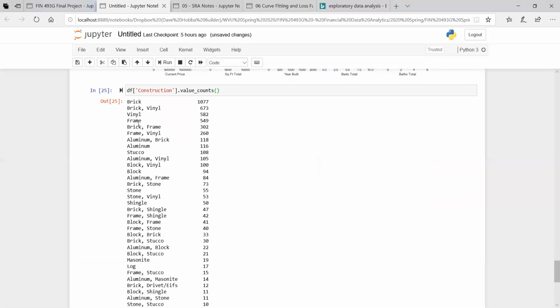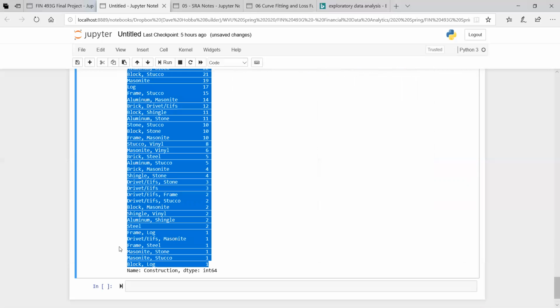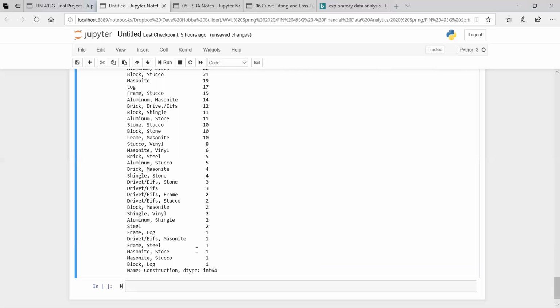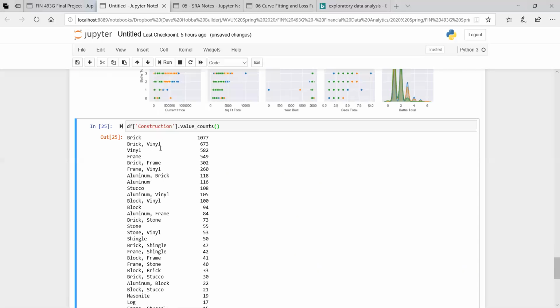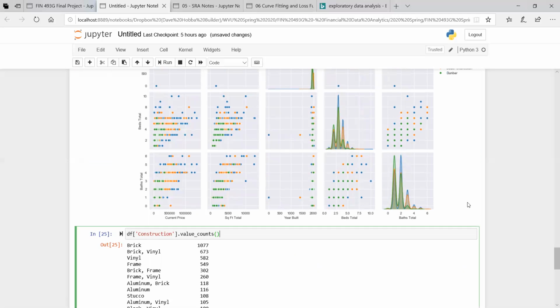So maybe you'd want to break this up a little bit differently. Maybe you'd want to just group bricks together. Maybe you'd want to group aluminum together, and so on. Because you only have one log, only one stucco, only one stone, and so on. So you'd want to do something to it. You wouldn't want to use it in that format. You want to clean it up a little bit.